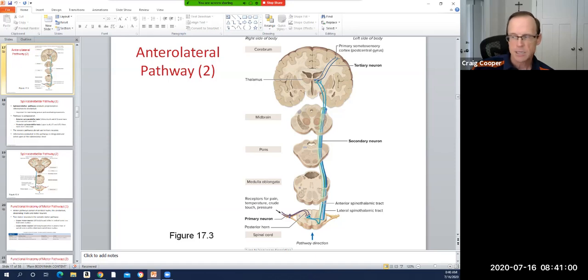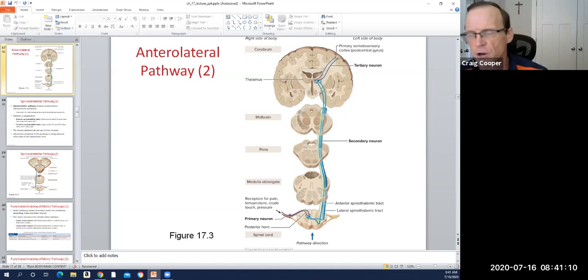So before it gets to the medulla, it's already crossed over. It essentially crosses over as soon as it comes in to the spinal cord. So a little bit different, and I don't think you really need to know. There's no questions they're going to ask you which pathway crosses over where. Just know that the majority of things do cross in the pyramids, but there are certain pathways like this one that cross in a different place.